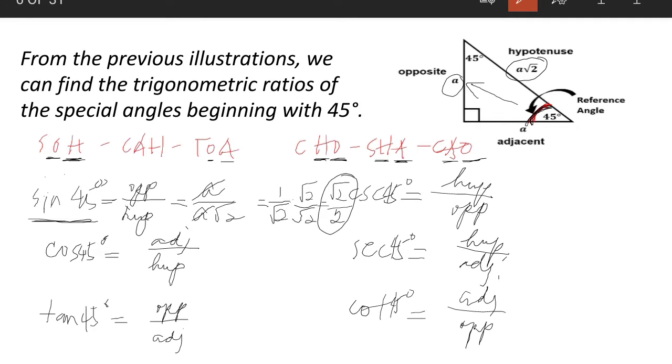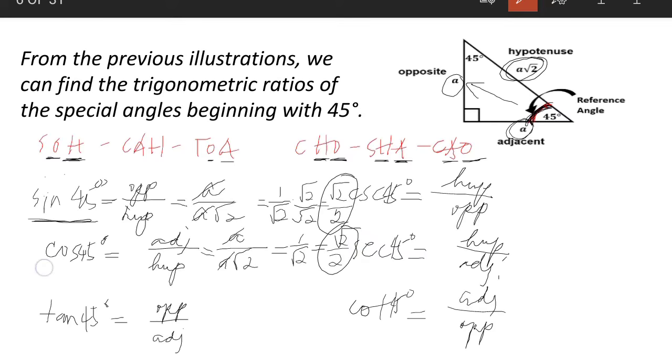Next, cosine 45 degrees. What is the adjacent? The adjacent is still A. So we write A over the hypotenuse, which again is A square root of 2. Just like in sine 45 degrees, we cancel out A, so we have 1 over square root of 2. And by rationalizing, we arrive at the same answer as in sine 45: square root of 2 over 2.